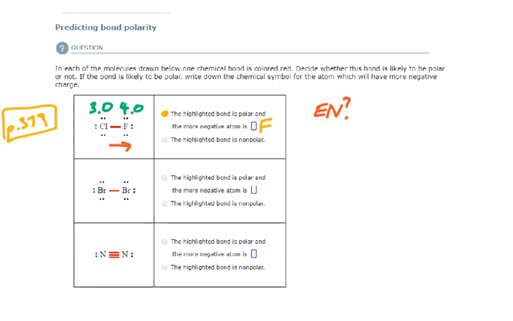Electrons are negatively charged particles, and because the shared electrons are spending more time around the fluorine, which has a greater pull on them, it is more negative.